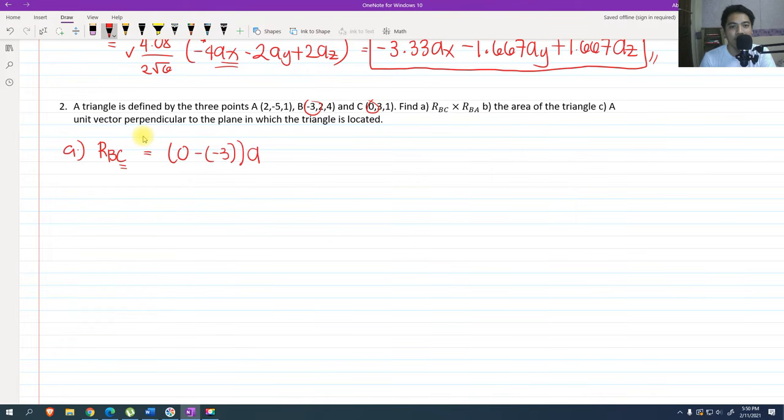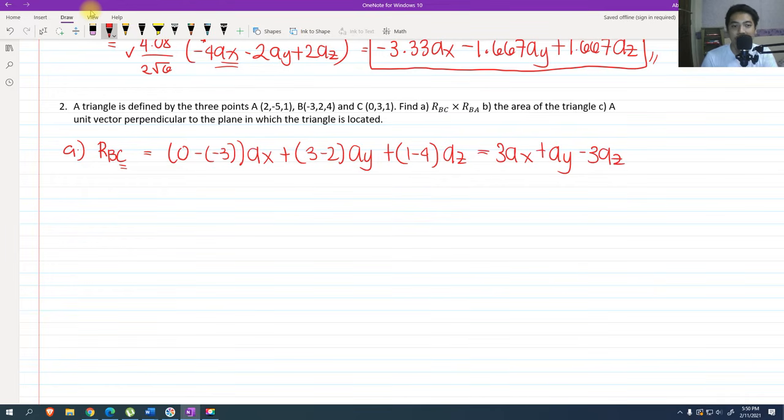That is for the AX direction. Okay? And the next one, that should be 3 minus 2 for AY, and that should be added to 1 minus 4. That's RBC. Okay? So simplifying, we have 3AX, plus AY because 3 minus 2 is 1. So we have 1 minus 4, we have negative 3AZ. That's the vector RBC.